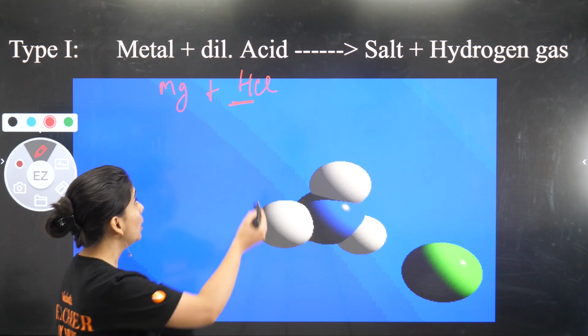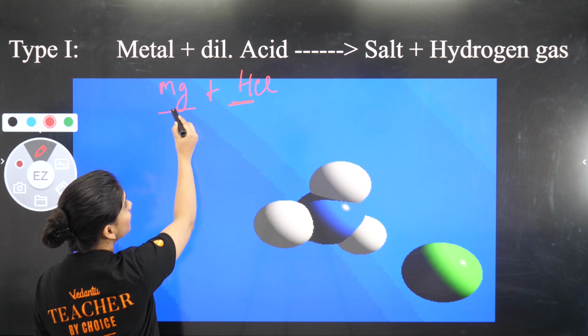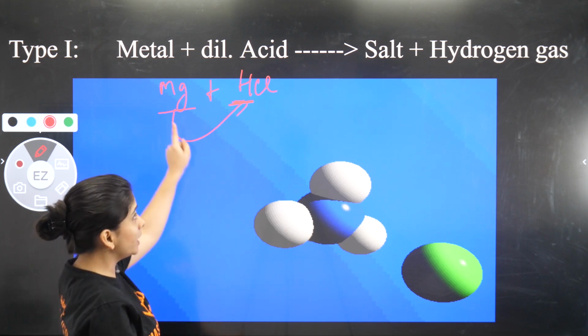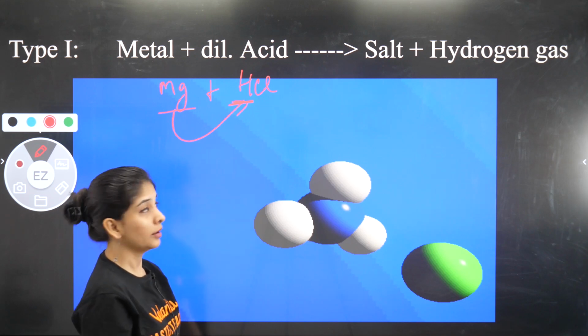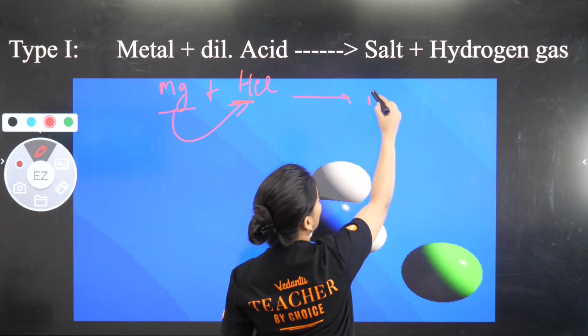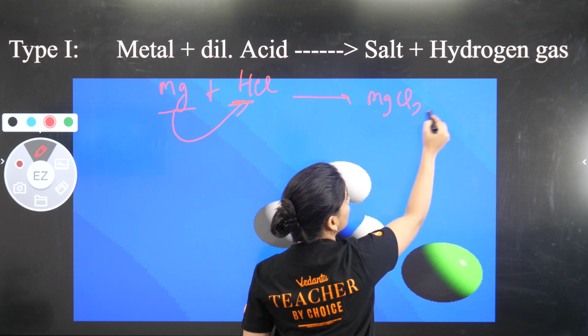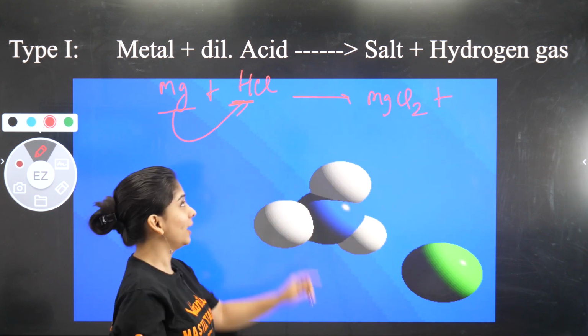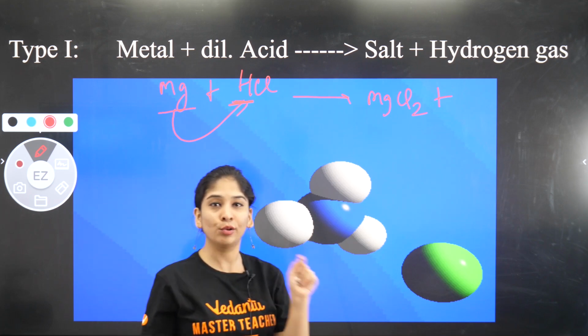तो होगा क्या, whatever the metals which are more reactive than hydrogen can displace it, उसकी जगह ले लेगी and will give you a salt. Okay, so it will give you magnesium chloride. Okay, it's all about balancing आपको करनी है. Okay, and then what will happen to this hydrogen?